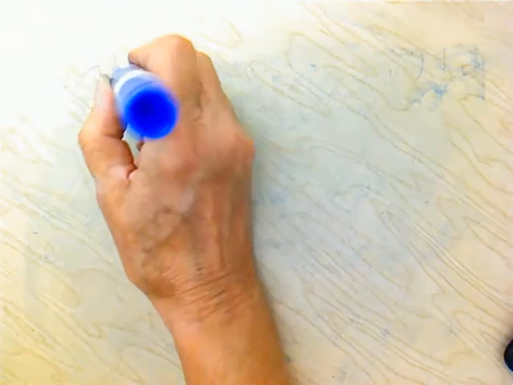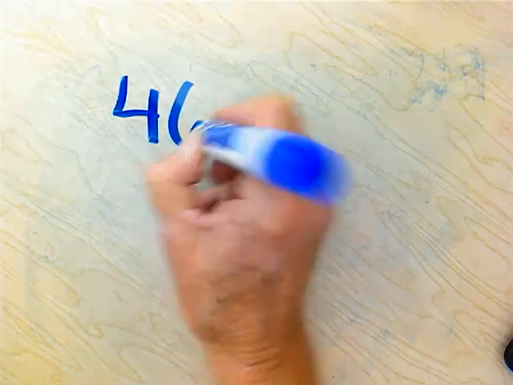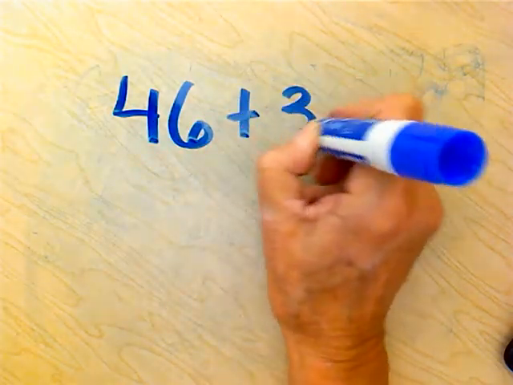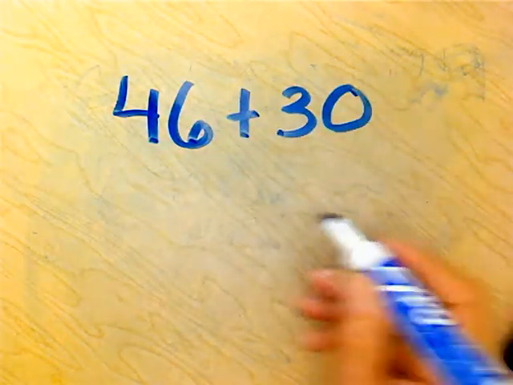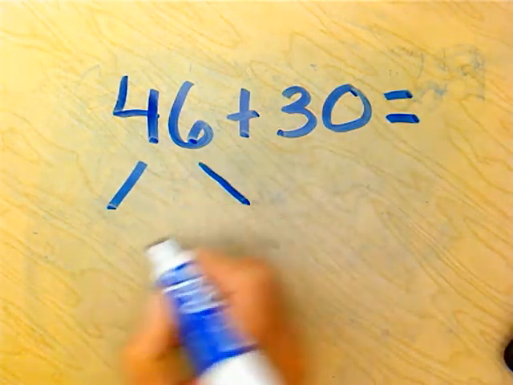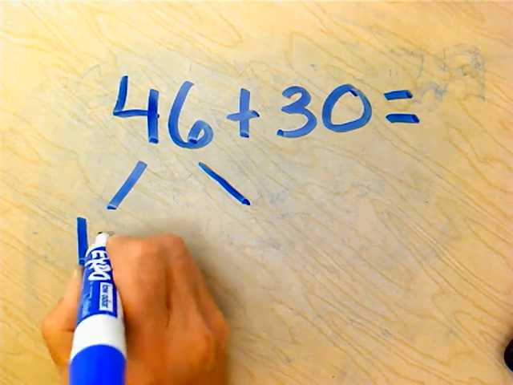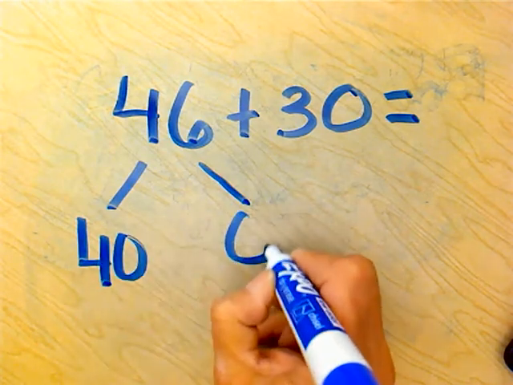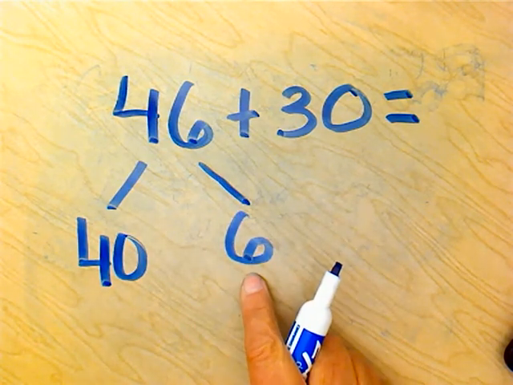Let's do 46 plus 30. Can we do 46 plus 30? We're going to break this number apart into its tens and ones. I'm going to add my ones first.